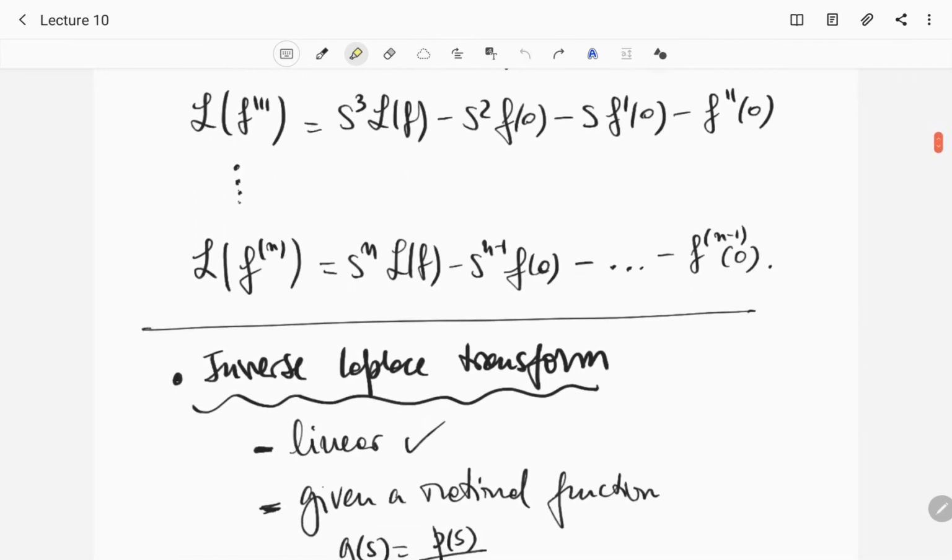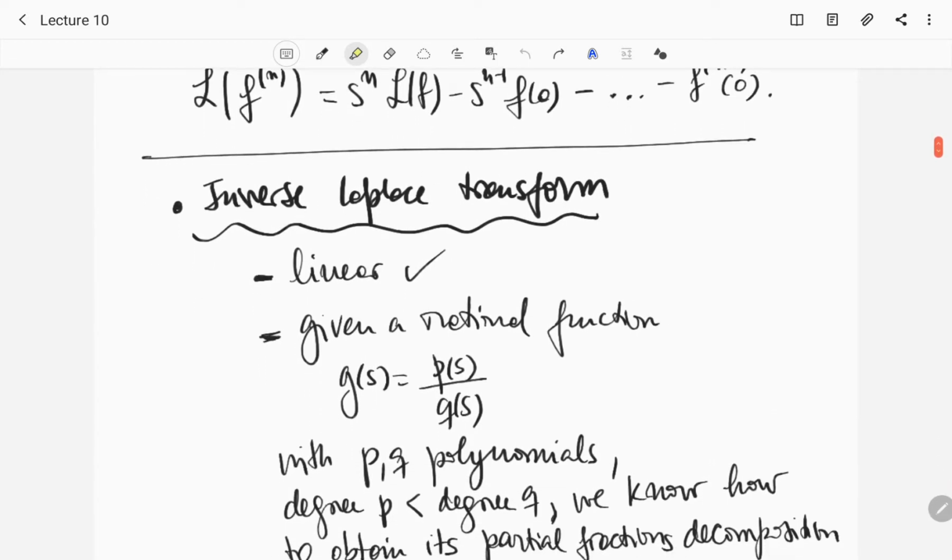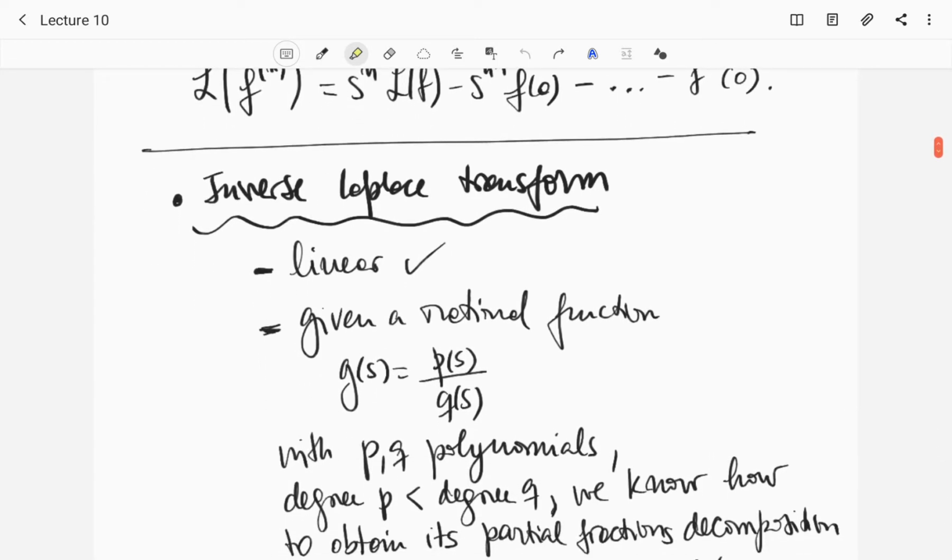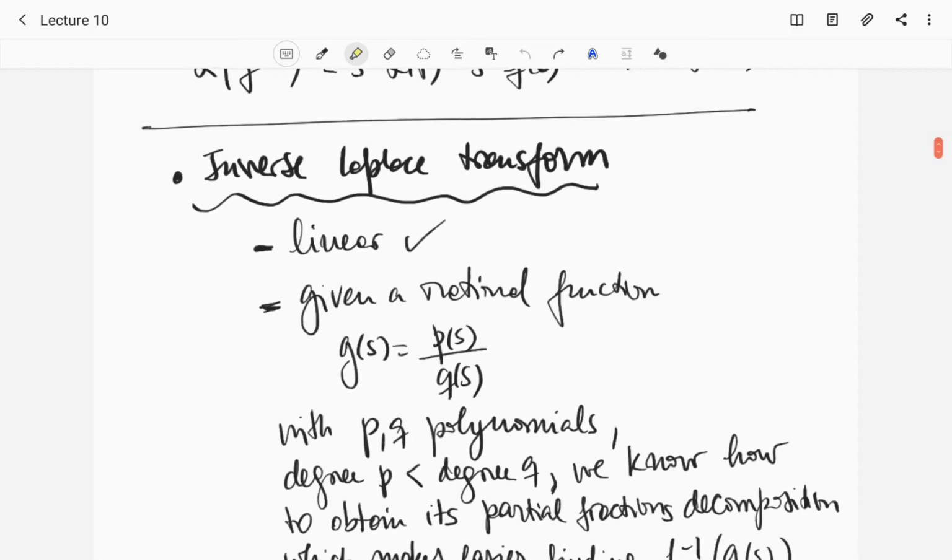So, we also saw how to undo this process, so how to compute the inverse Laplace transform.